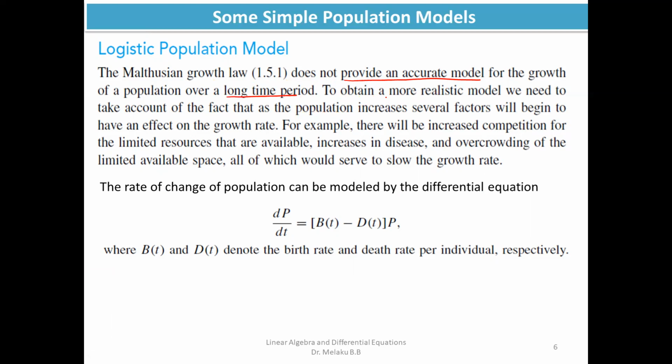That's true. To obtain a more realistic model, we need to take account of the fact that as the population increases, several factors will begin to have an effect on the growth rate. For example, there will be increased competition for the limited resources that are available, an increase in disease, and overcrowding of the limited available space.